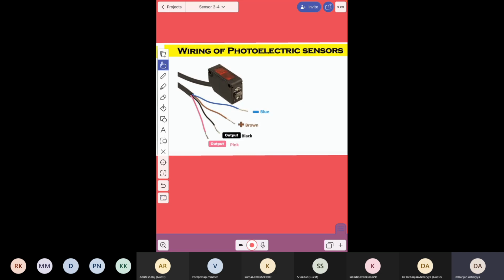You can see the brown wire is for the positive supply, and the blue wire is for the negative supply. There are another two outputs. These two are for the supply voltage, plus 24 or whatever supply voltage you are giving, and these two outputs are for the NPN and PNP. The black is for the negative and the pink is for the positive command.